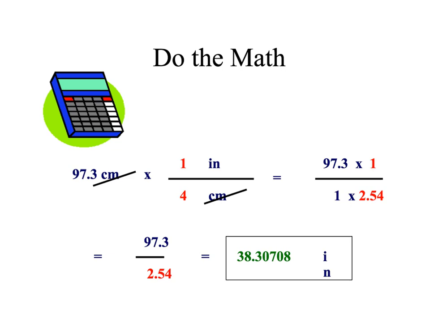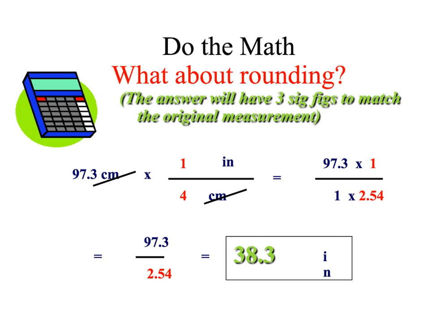Of course, multiplying and dividing by 1 does not change the value. So when we multiply this and divide this into the calculator, any numbers that are in the numerator will multiply together, and then we'll divide by whatever's in the denominator. What about the rounding?